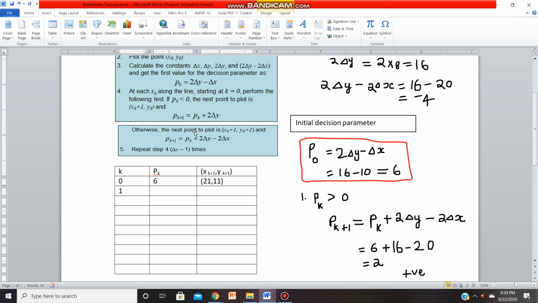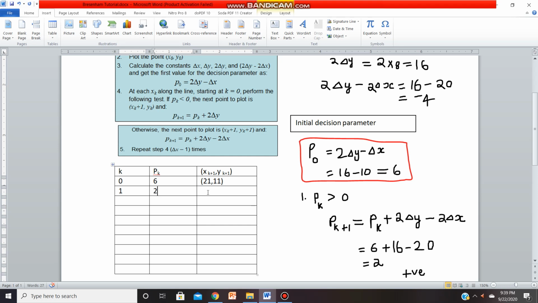If it is positive, we choose this equation: Pk plus 1 equals Pk plus 2 delta y minus 2 delta x. That is, P1 is P0 plus 2 delta y minus 2 delta x, which is 6 plus 16 minus 20, coming to be 2. That is also a positive value, so we will write 2 here.